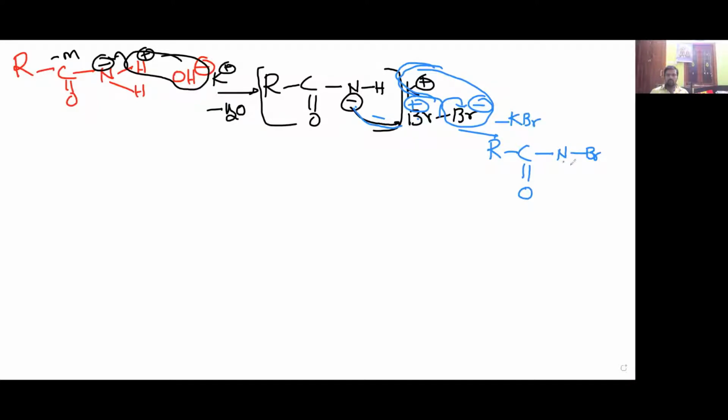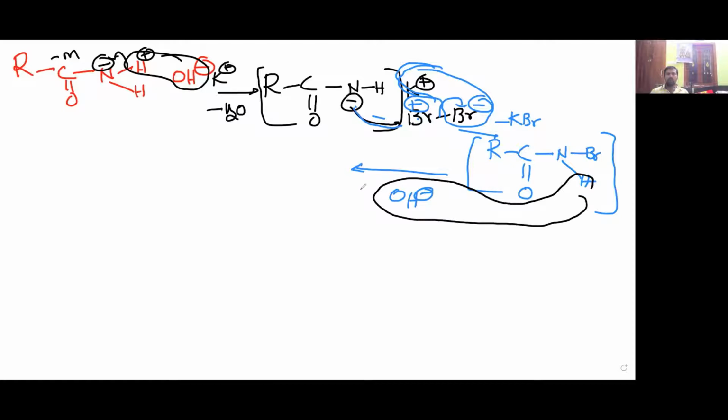Then here, hydrogen is there, as usual. Next, again you added base. So base again extracts the acidic hydrogen. You added KOH again. Then the bond shifted towards the nitrogen side, nitrogen getting negative, hydrogen getting positive, H and OH is eliminated.